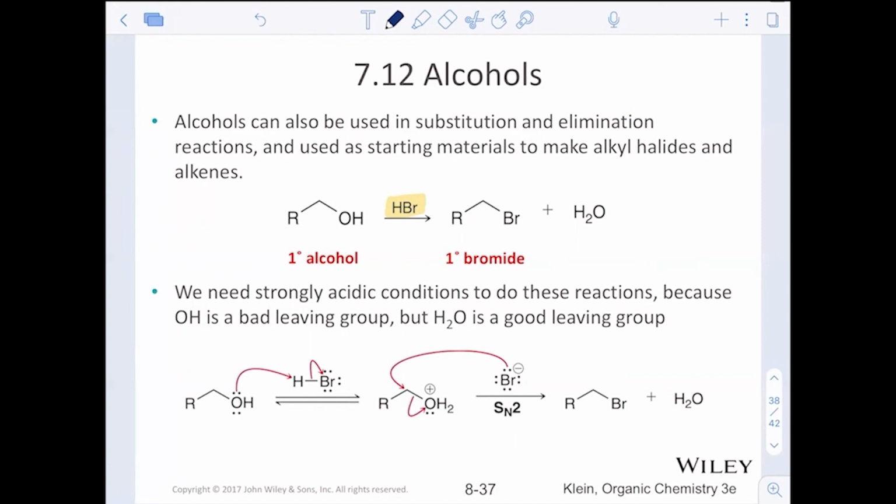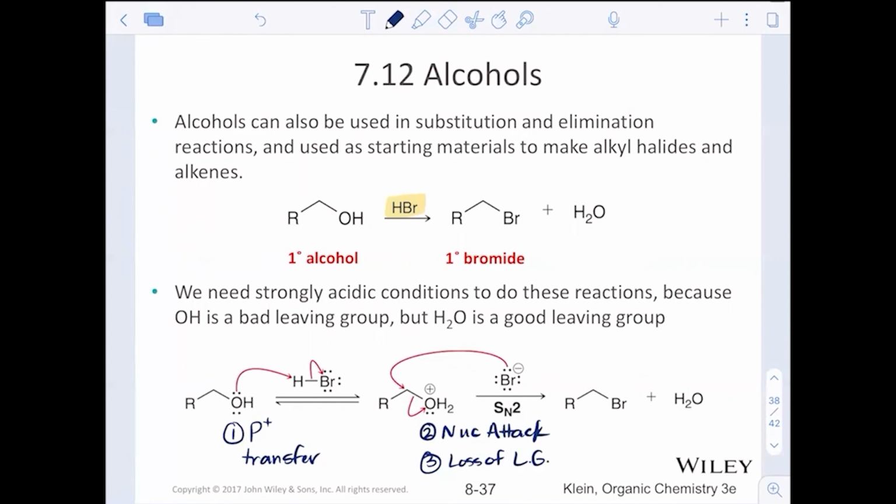So what you see in that first step is a proton transfer, followed by your SN2 nuke attack, and loss of leaving group.